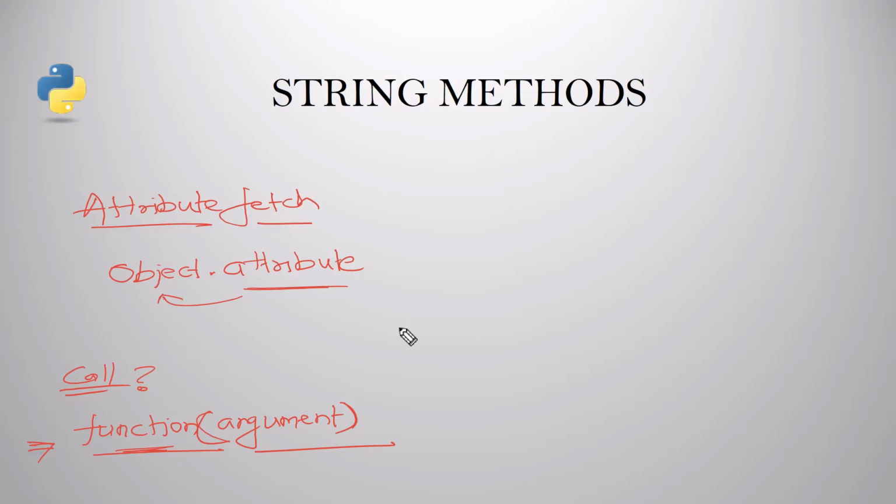So when we call a method, basically you are putting both together. Calling a method means you are asking the interpreter to fetch the attribute and call the function. So how do you call a method? It's like object dot method and argument.